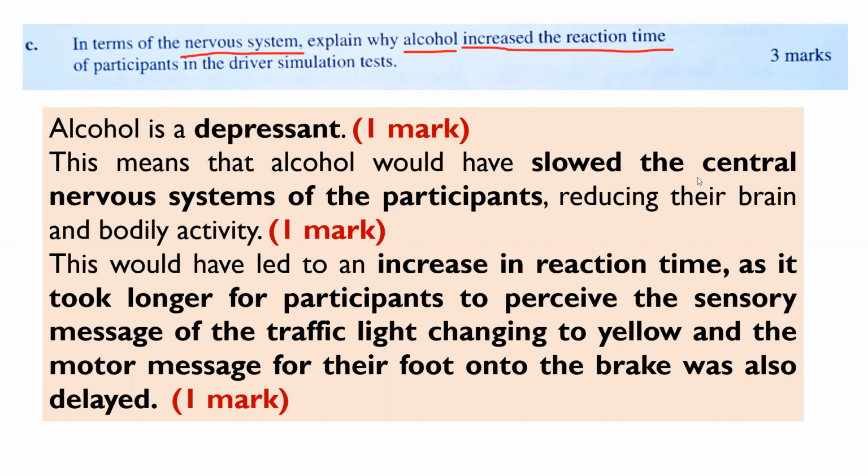Depressant, central nervous system functioning gets reduced or slowed, thus an increase in reaction time as shown by participants in the scenario taking longer to react or longer to press the brake or longer to see that the traffic light had changed to yellow. So it's making some indication that their reaction has been delayed, and that would then lead to this kind of behavior in the experiment.